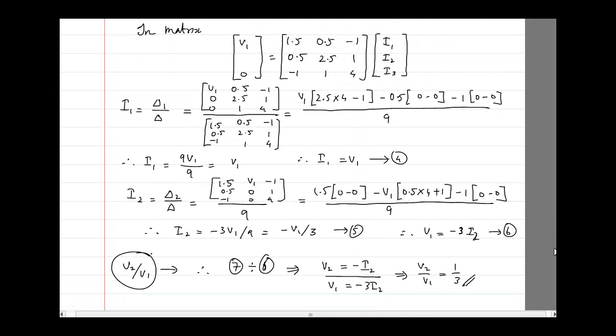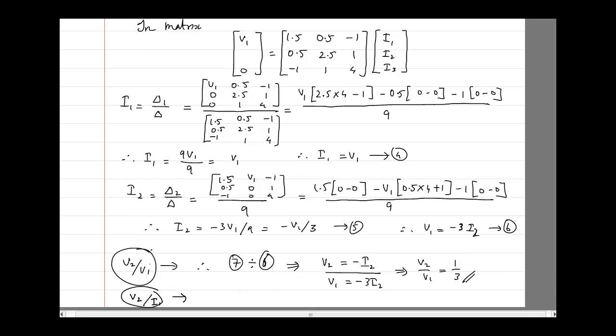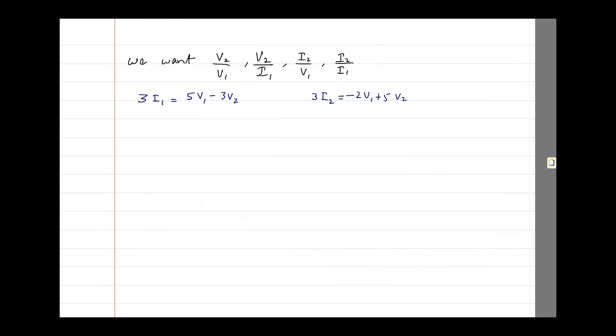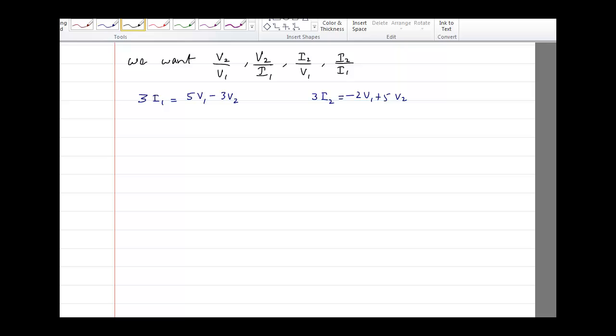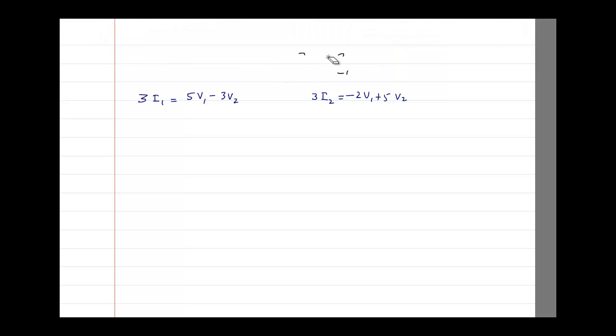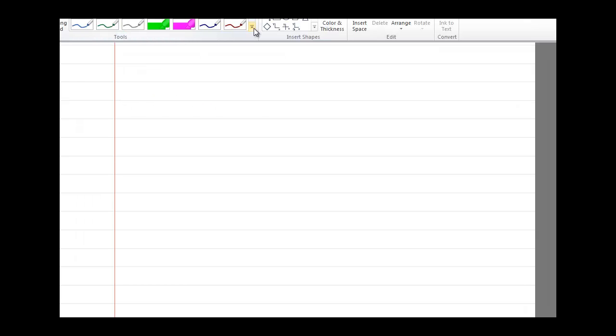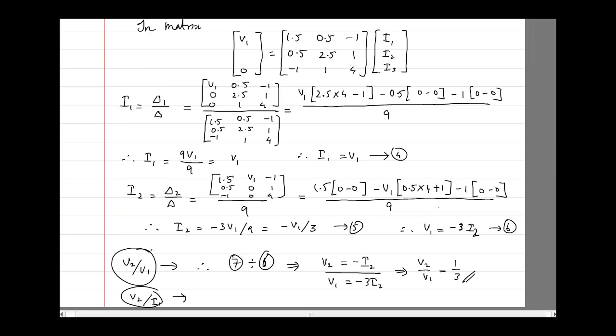Next I have to find V2 by I1. So V2 by I1. How do I get V2 by I1? Let me do it on another page. Okay, so for V2 by I1, let me look.